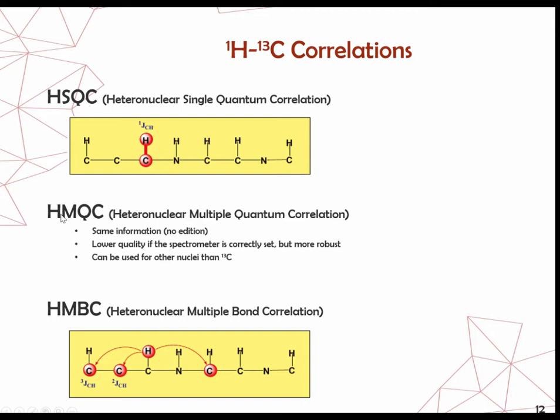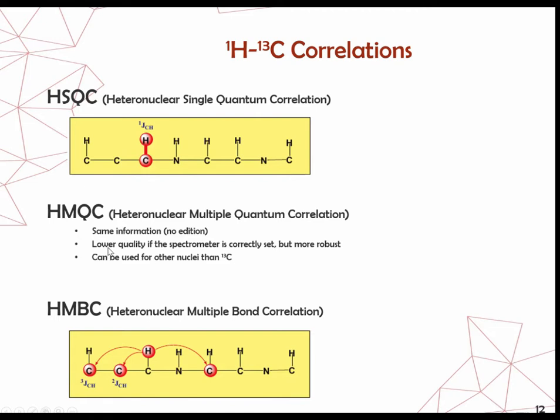HMQC gives for proton-carbon spectra the same information as HSQC. It was sort of the older version. It's not really the same pulse program, but we have the same information.